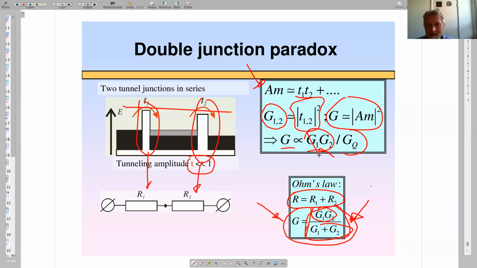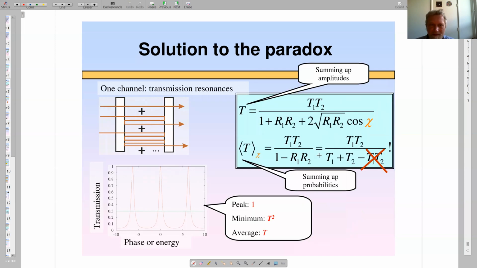How to deal with this? At the level of simple estimations, we are really in trouble. So what we do, we recall how we compute the actual transmission through the system, right?